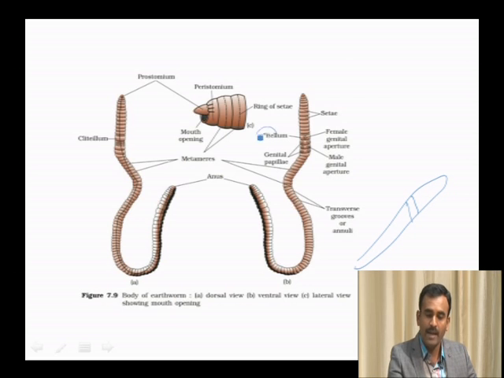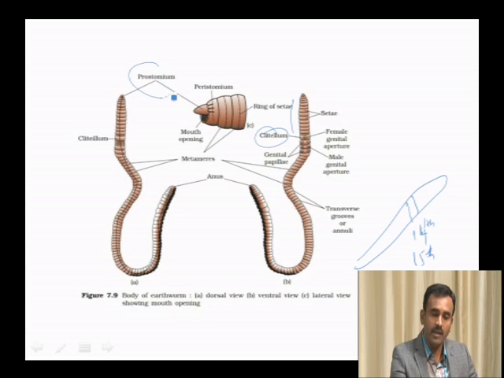Clitellum is the band-like structure present at 14th, 15th and 16th segment. The portion which is present prior to the clitellum is called preclitellar part, and the clitellar part where the clitellum is present, and the posterior part which is next to the clitellum is called the postclitellar part.